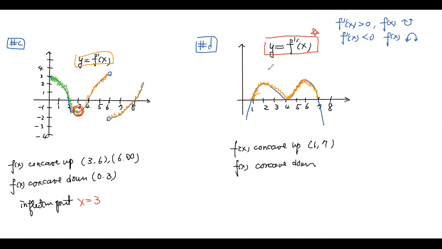Then concave down is where f double prime is negative, so that means in here. Concave down, I can say, is from 0 to 1 and from 7 to 8, right? Now let's take a look at inflection.